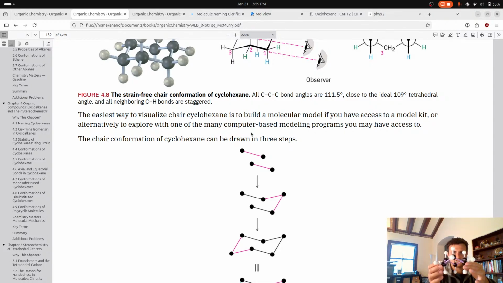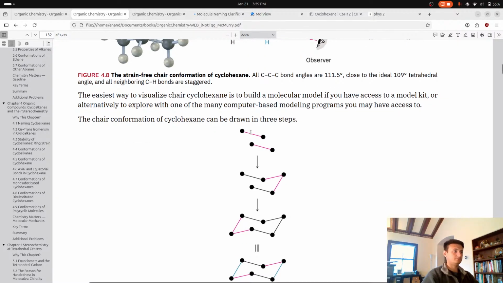So this is cyclohexane. They're definitely staggered. That's for sure. Looking down any of the CC bonds, they're super staggered. That's pretty cool, actually.